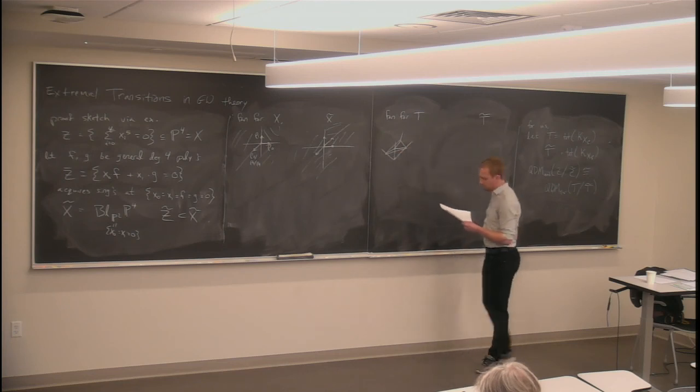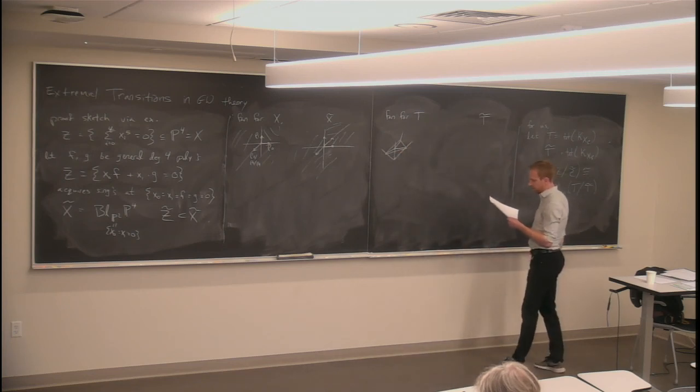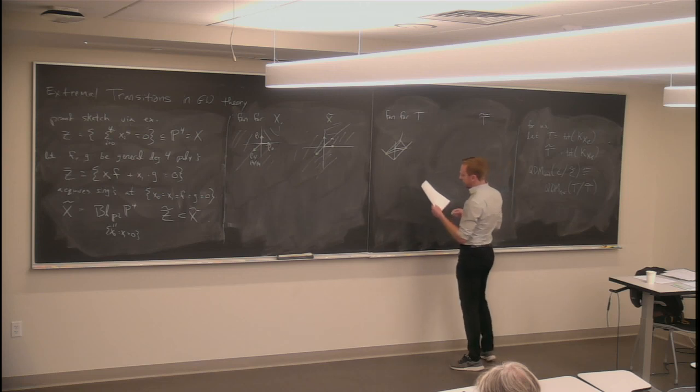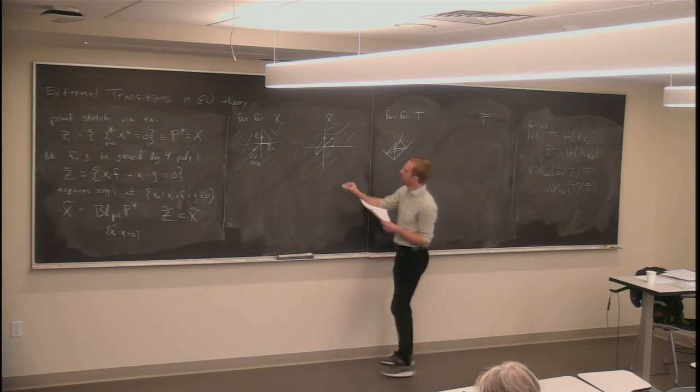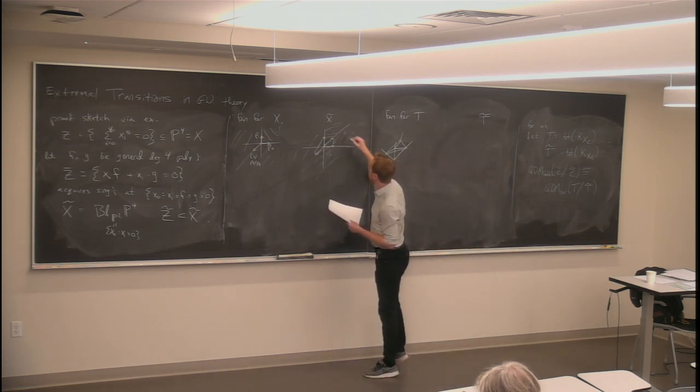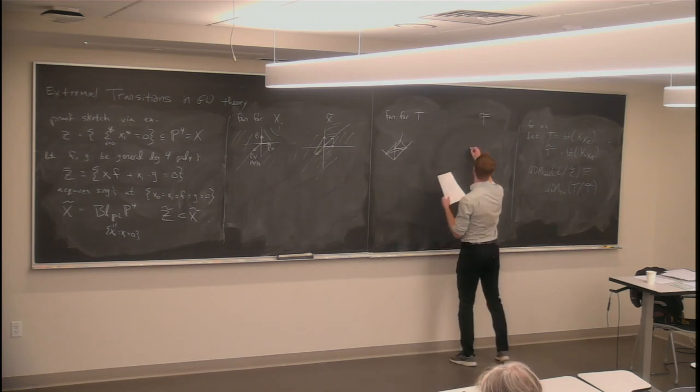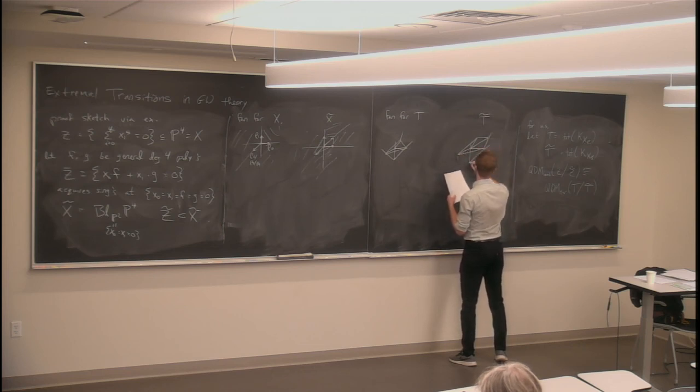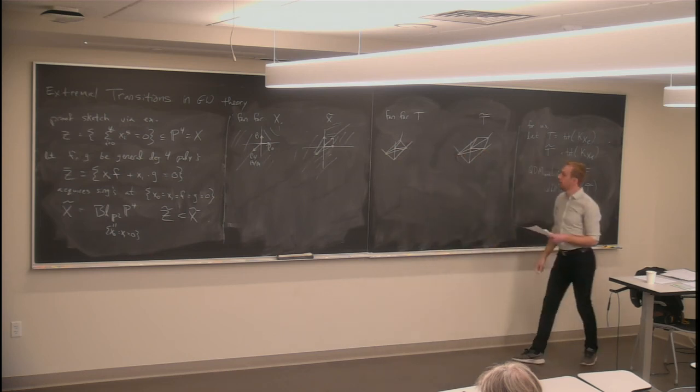There are 4 primitive ray generators there. And then for T twiddle, I raise this to height 1. So it looks like that.